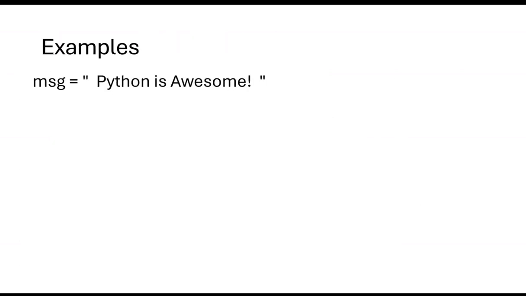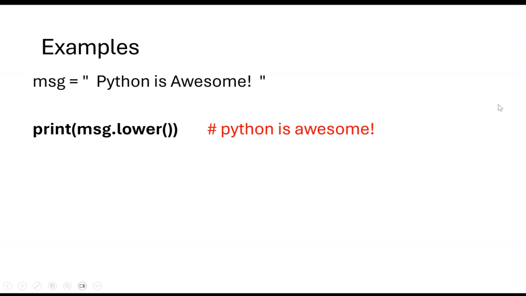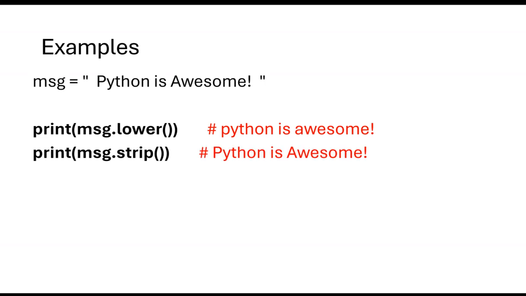For example, I have a string stored in a variable called message, "Python is awesome", and there is a space at the start and end of the string. Using that message variable, I am going to use some of the string methods. If I print message.lower(), it will convert the given string into lowercase and print it.